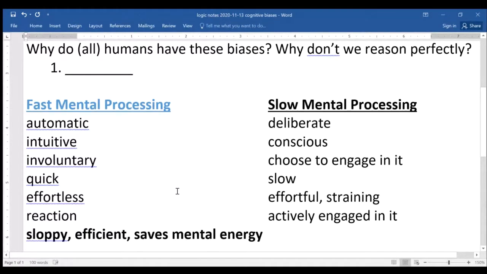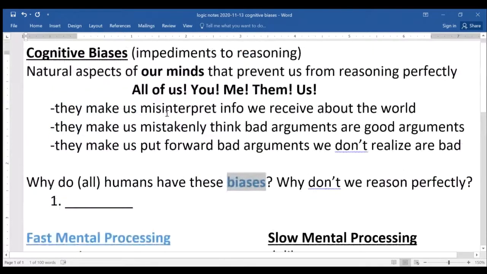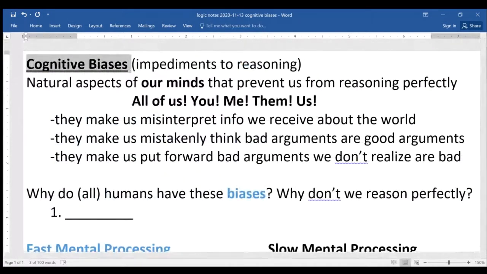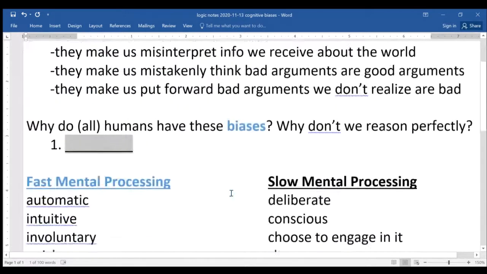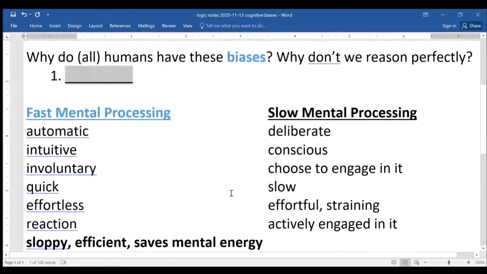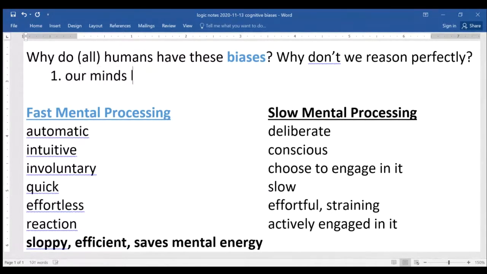And this, by and large, is pretty decent, but it can lead to these biases we're discussing at the start of class today, these sorts of cognitive biases. So one reason we don't reason perfectly is because our minds aren't infinite. Our minds look for ways to save mental energy.